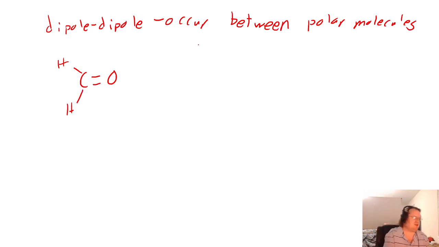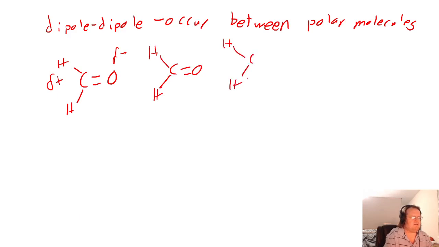Oxygen is much more electronegative than the other atoms. It's going to have a partial negative charge. This carbon, hydrogen, hydrogen here is going to have a partial positive charge. Now, since we have a partial negative and a partial positive all the time, another formaldehyde would probably arrange itself like this. And if we had another one, it would arrange itself like this. And note, it was assumed that the lone pairs were there, but I'm going to go ahead and draw them because I think it's good practice, especially when you're not super confident in it yet.